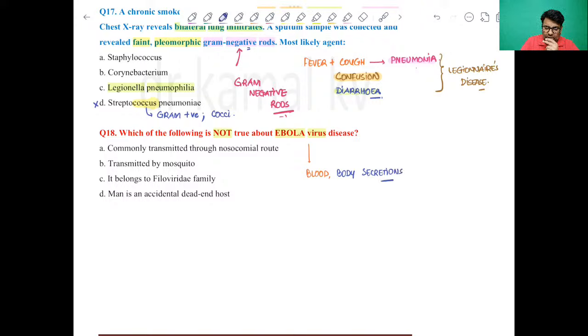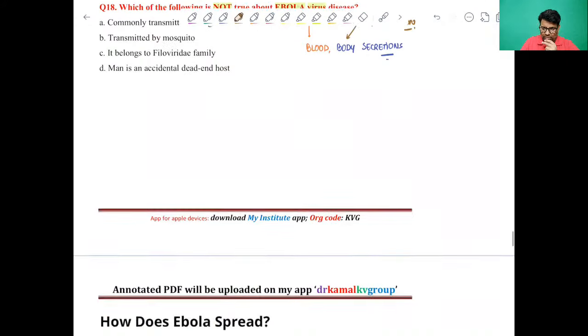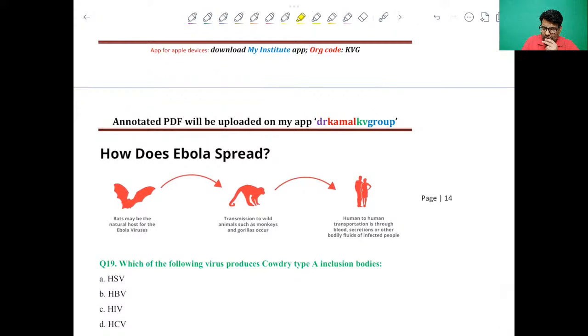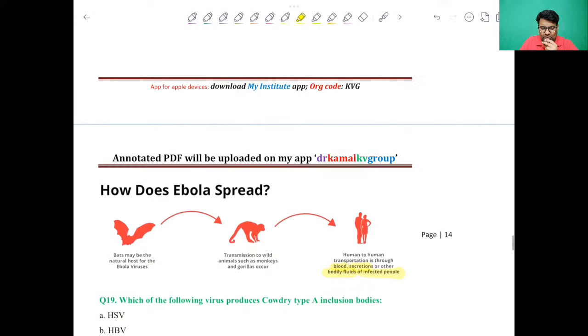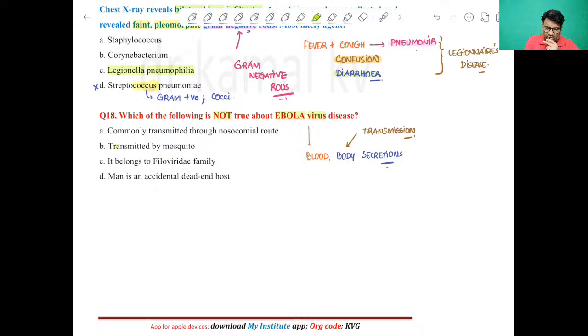Human to human transmission is through blood, secretions or other body fluids of infected people, right? So there is no role of mosquito in the transmission of Ebola virus. Dr. Kanaya, yes, absolutely right. So again I am repeating, there is no role of mosquitoes in the transmission of Ebola virus, and it is transmitted by blood, body secretions or body fluids.